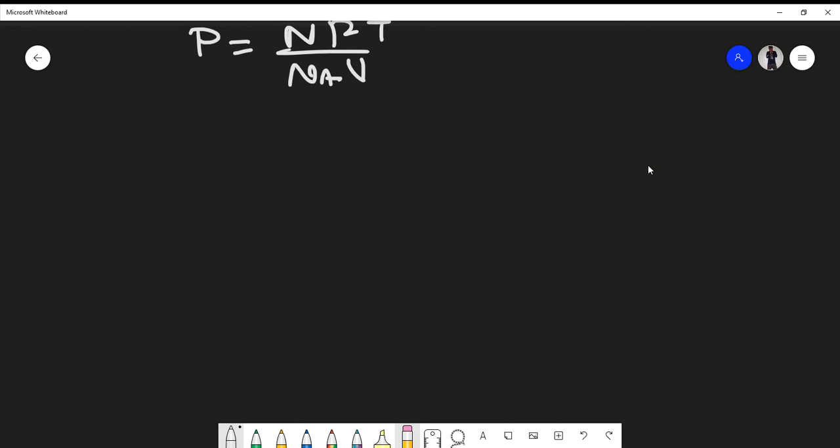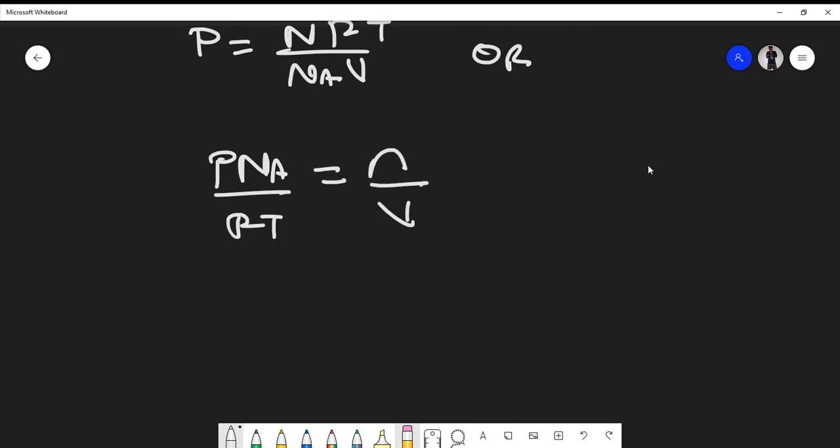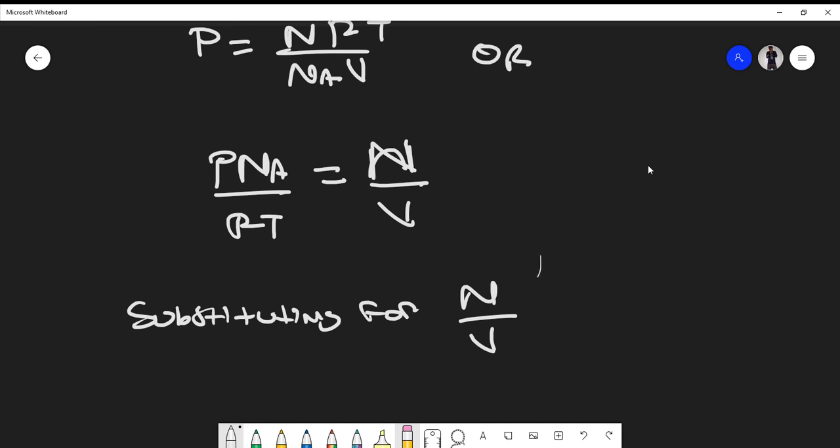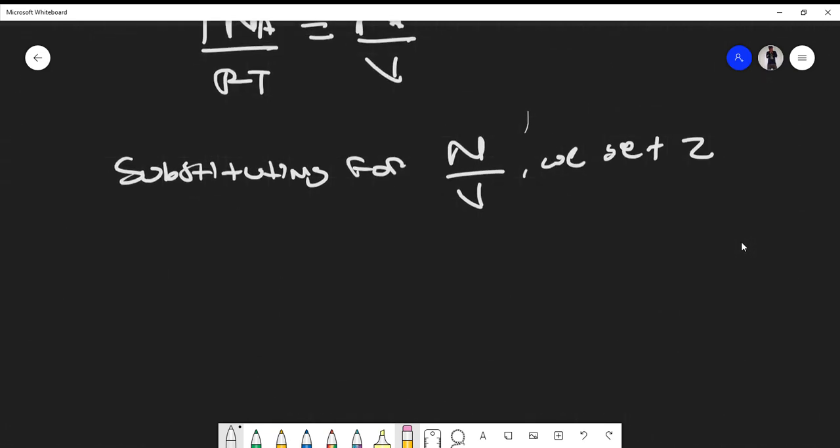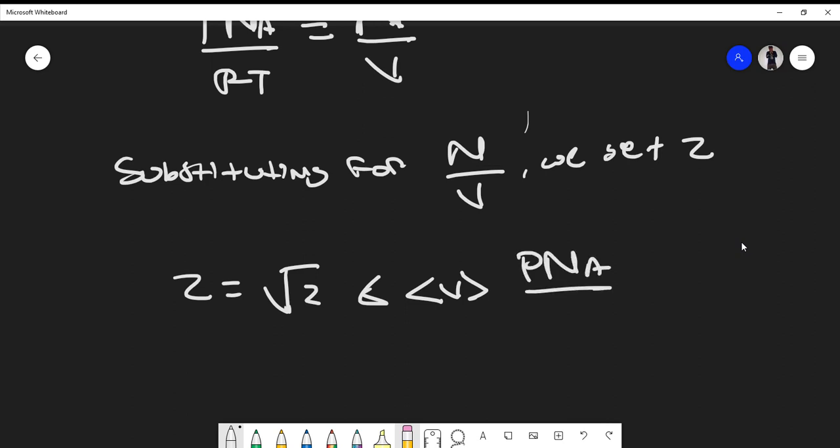We could write this equation as P times N_A divided by RT equals big N over V. Now if we substitute for N over V, we get Z equal to the square root of 2 times sigma times the average speed v times P N_A divided by RT.